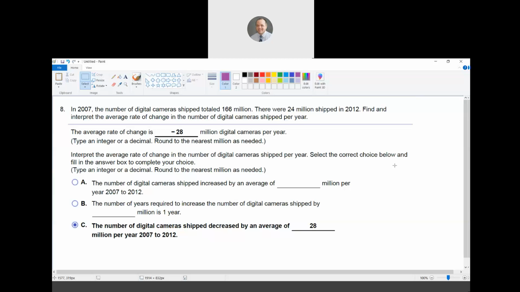There were 24 million shipped in 2012. Find and interpret the average rate of change in the number of digital cameras shipped per year. We're using the slope formula, y2 minus y1 over x sub 2 minus x sub 1.